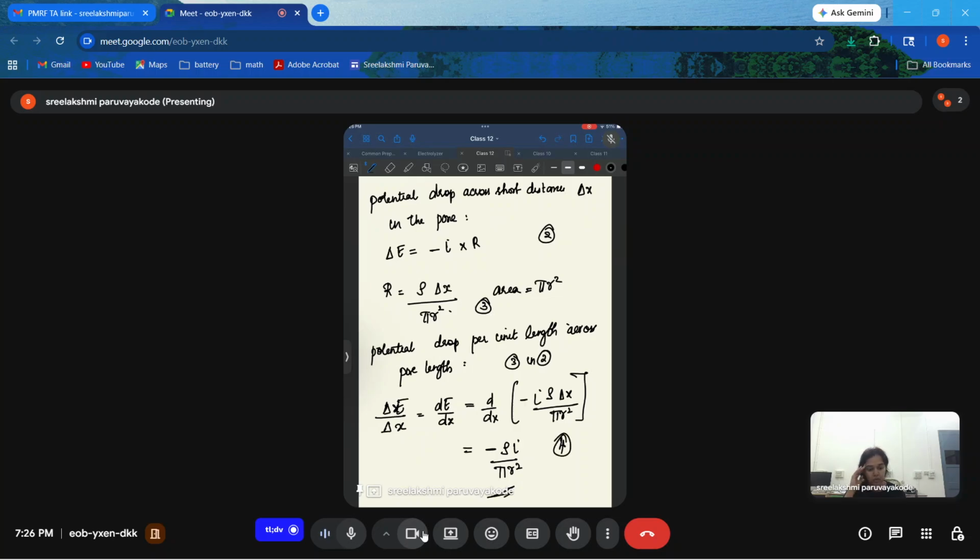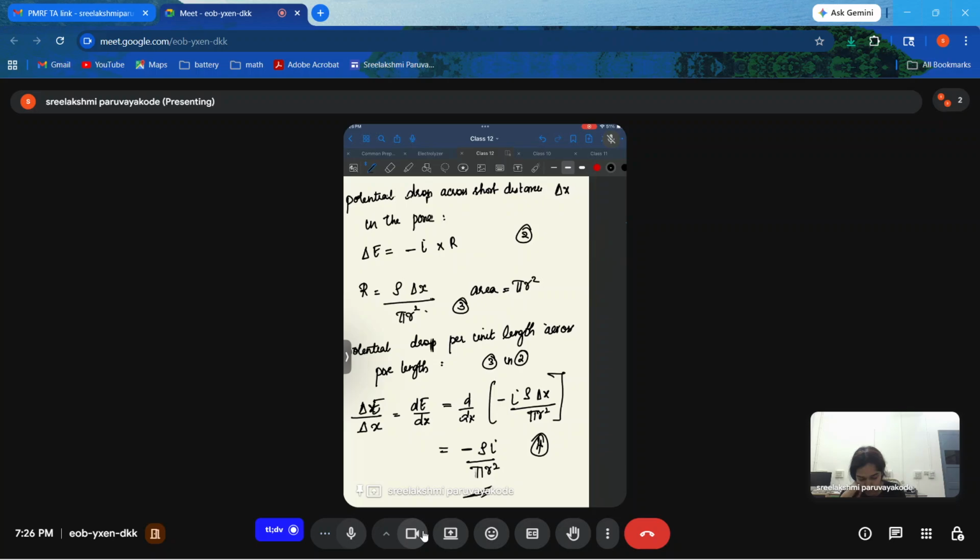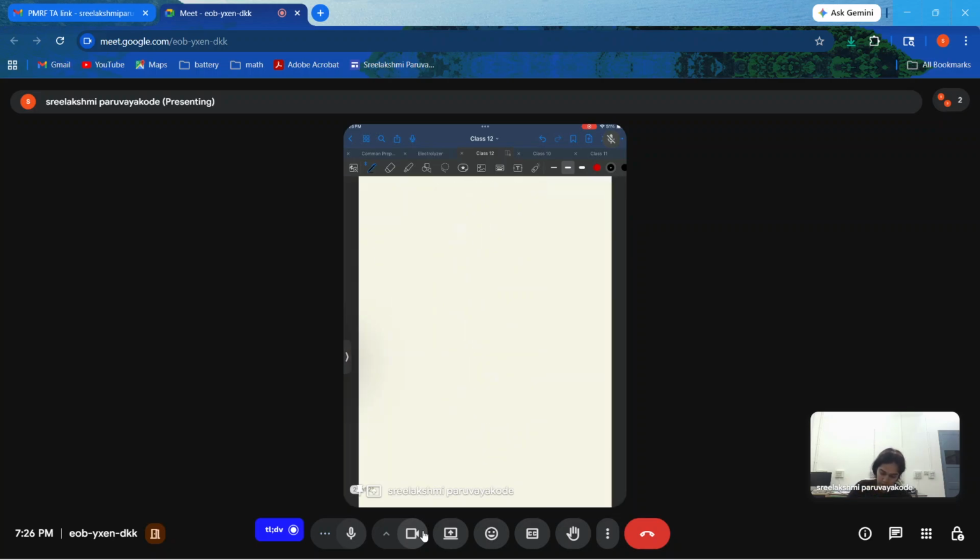Now, the current passing through the cylindrical side wall.